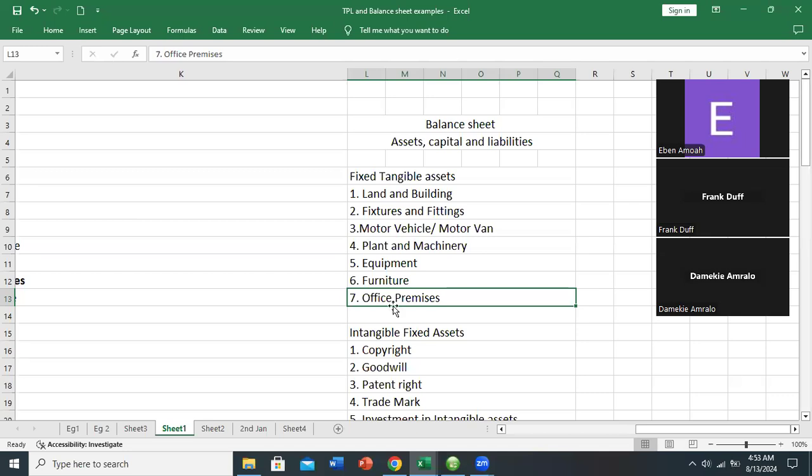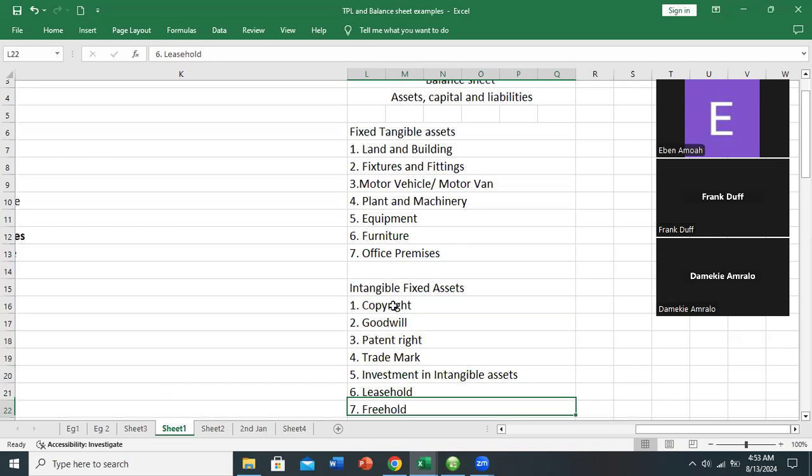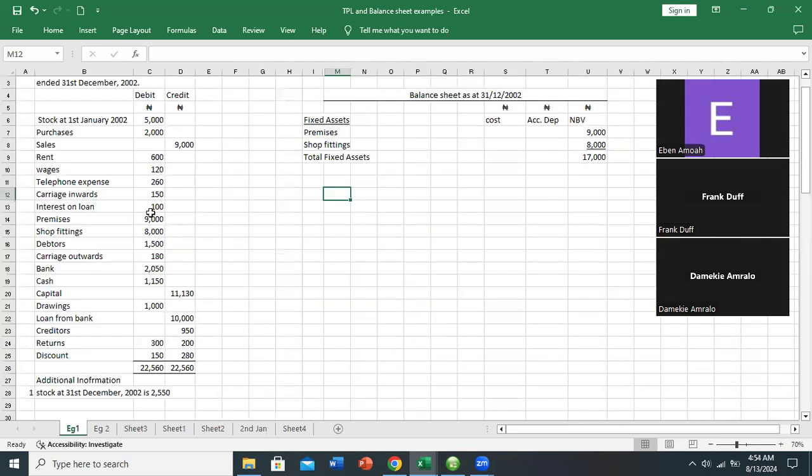Is it a property the business is using to generate profits? Okay. But these, for your level, these are the fixed assets that normally they put up. So for the intangible ones, we have copyright, goodwill, patent, trademark, investment, leasehold, freehold. Okay. So these are your fixed assets. So it so happens that in this question, we only had the premises and shop fittings.